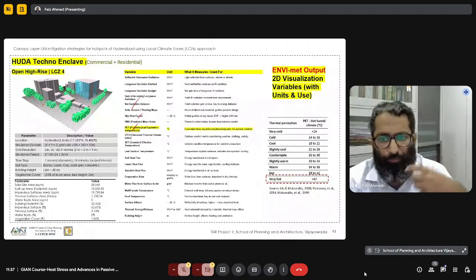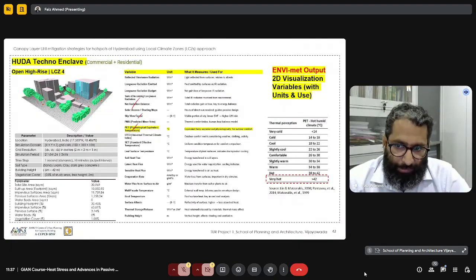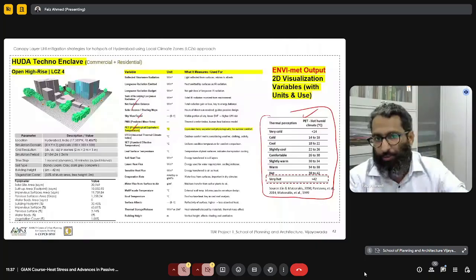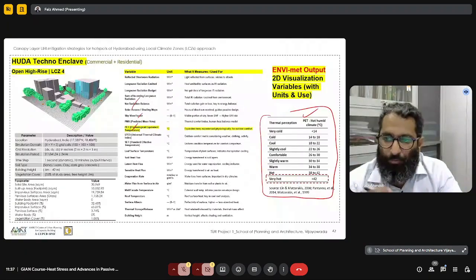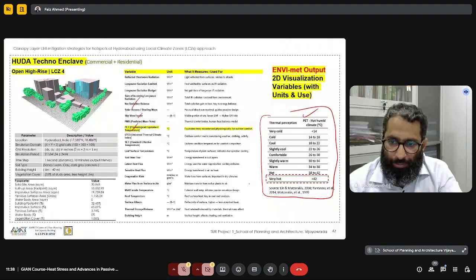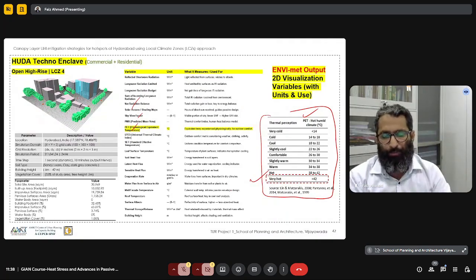So a lot of variables can be taken up and simulated using this. One of the indices that we have used to compare all our results is PET. Although we can use other parameters, PET is one that has been tested, and in several literatures we found the reduction in terms of PET, because we are trying to measure at the 1.2 meter level.